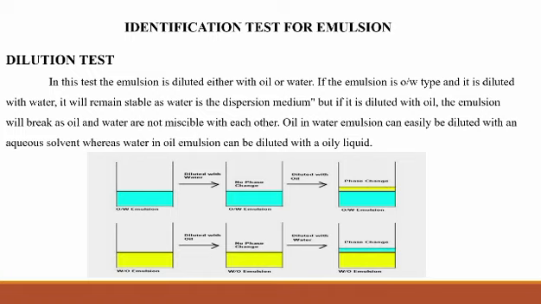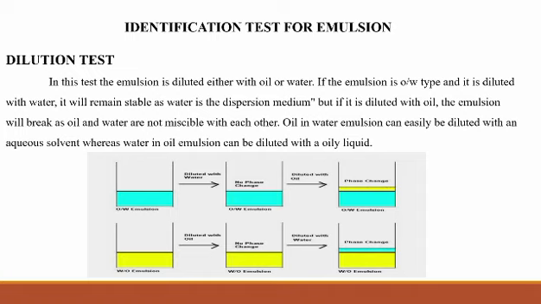Both types of emulsions appear macroscopically similar, so it is not possible to distinguish their types by simple visual observation. With visual observation, we cannot distinguish whether it is an oil in water type emulsion or a water in oil type emulsion. So there are various identification tests carried out to determine the external phase of the emulsion.